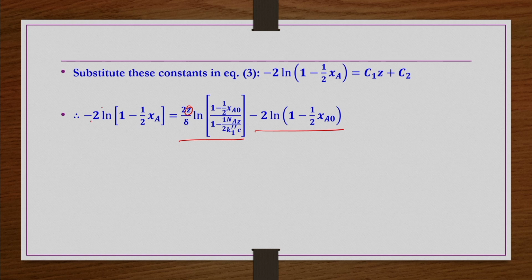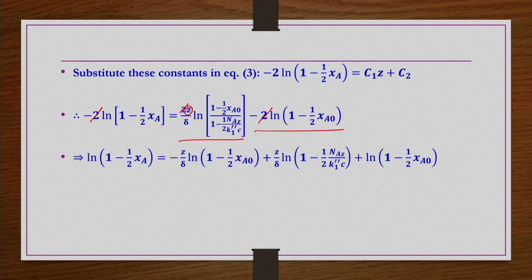Now, here also 2 you can take off from both sides, then this particular term you expand as 2 terms, the last term you keep as it is, and then you multiply both sides by minus 1. So, the right hand side has a plus term, and on the left hand side all the terms are multiplied by minus. So, this is what you are getting.